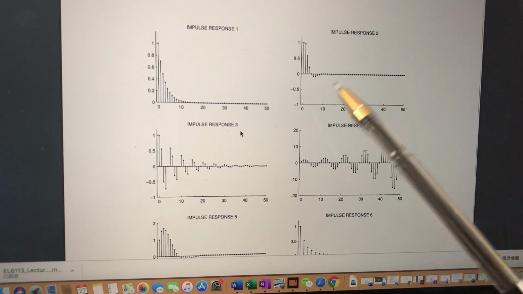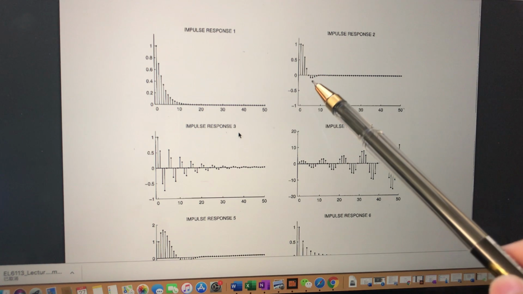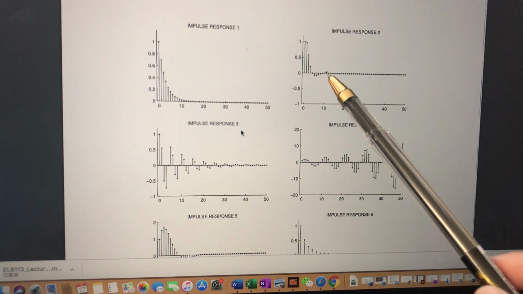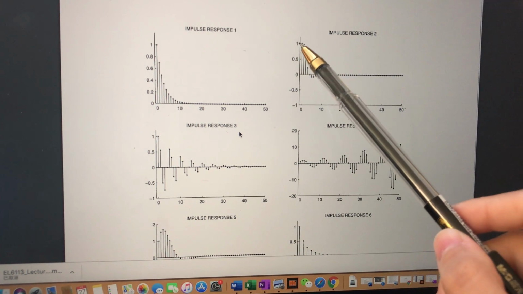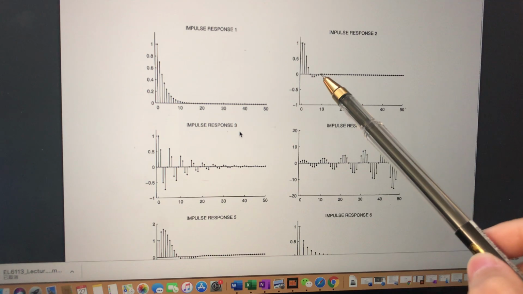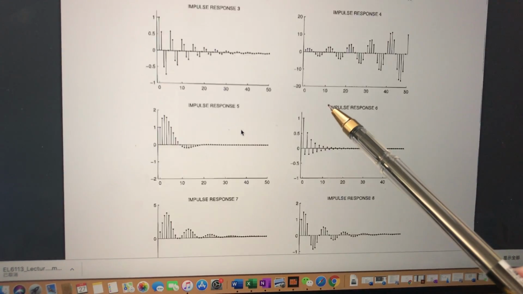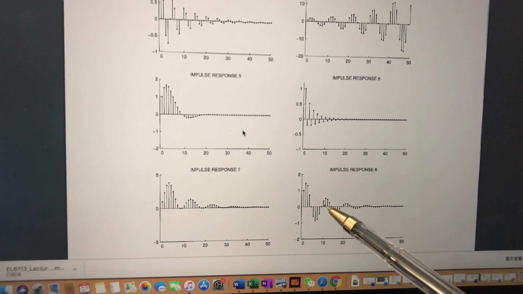So in this diagram, we could see that the period is 10 if we regard the unit as 1, because it starts from here and ends at here, and then it converges. The speed of convergence is really fast. And look at this one, this period is also 10.